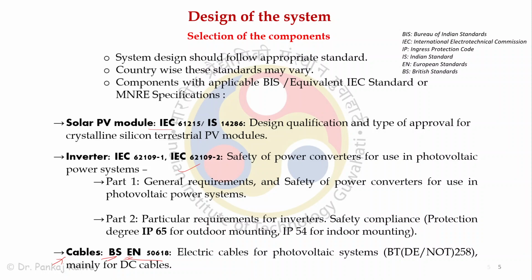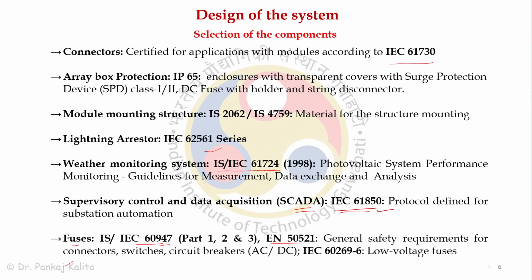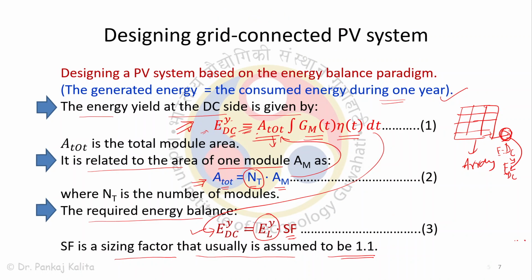Okay, so yeah, these standards are very much important to have a uniform criteria of measurement throughout the country. Okay, so solar PV modules, inverter, cables, then we have connectors, array boxes, and all those important things have a standard, and all these standards have been listed here.